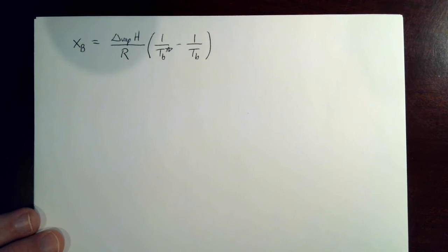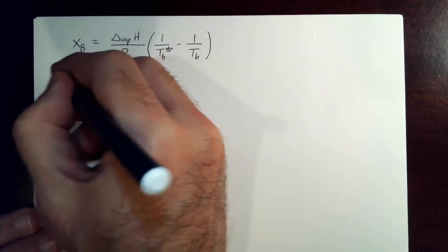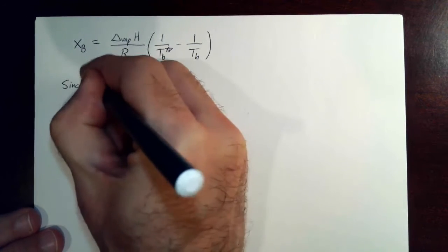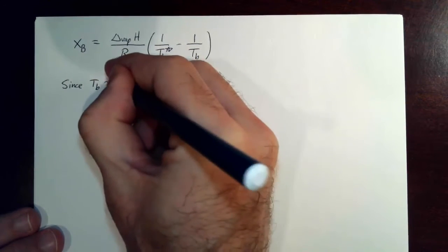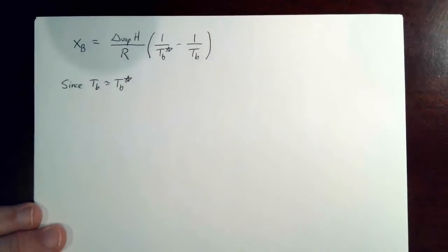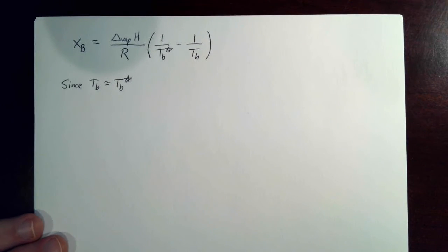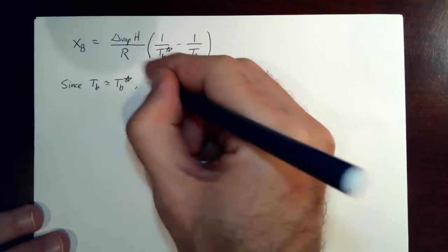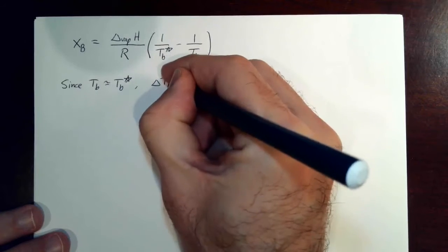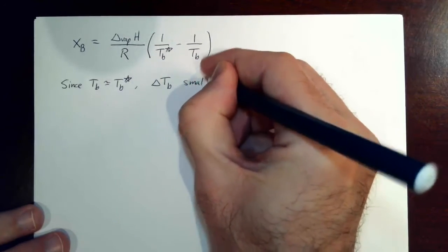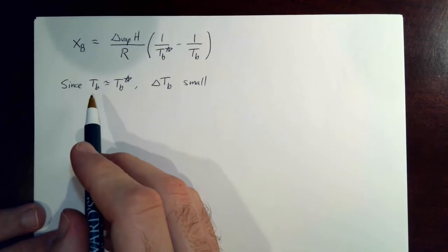That's why we were able to pull out delta vaporization H. So since TB is approximately equal to TB star, a small temperature interval, then delta TB is small, because delta TB is the difference between these.